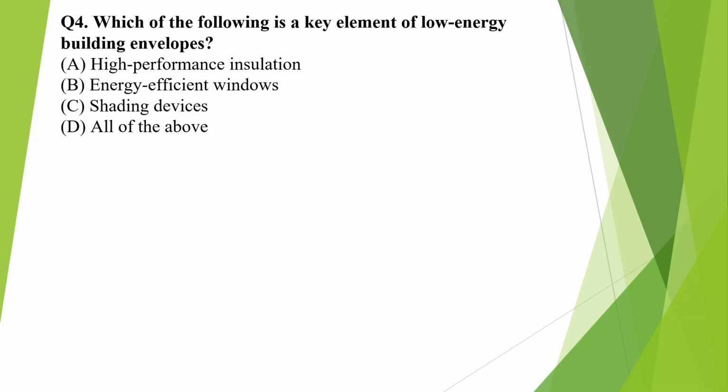There are some more elements that can be included, but they are not here, like natural ventilation and proper daylighting. All these can also be elements of a low energy building envelope. But given all of the above, option D is the correct answer for question number 4.